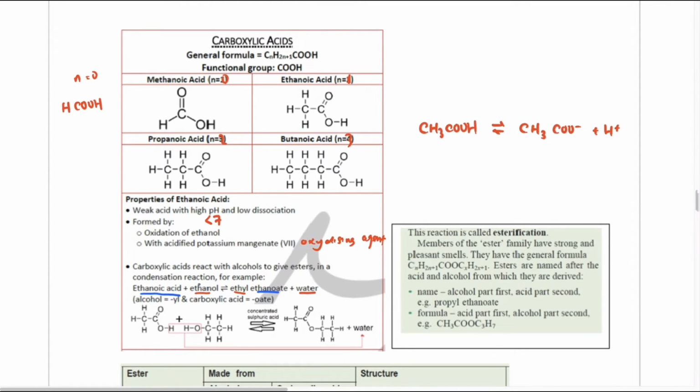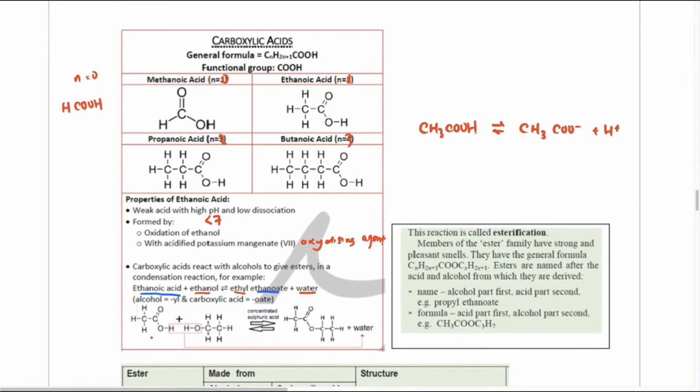So the alcohol affects this part. The carboxylic acid affects this part, the OH part of the name. The alcohol will take YL at the end when they form ester. The carboxylic acid will take OATE when they form ester. Water will form as well.